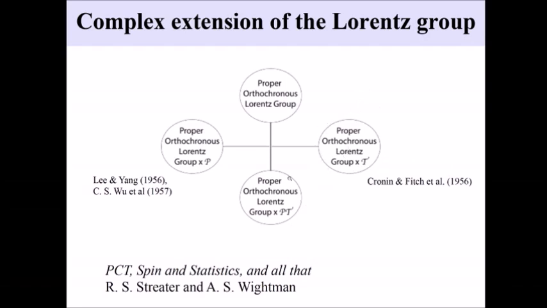Well, this is the fourth part of the Lorentz group. Okay, and these are all the elements of this group multiplied by PT. Okay, so the question is, is this a symmetry of nature or not? Now, if you extend the Lorentz group to the complex Lorentz group, then you see that there is a continuous path through group space from here to here.